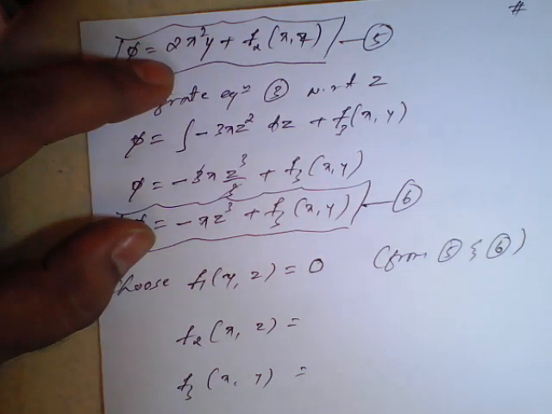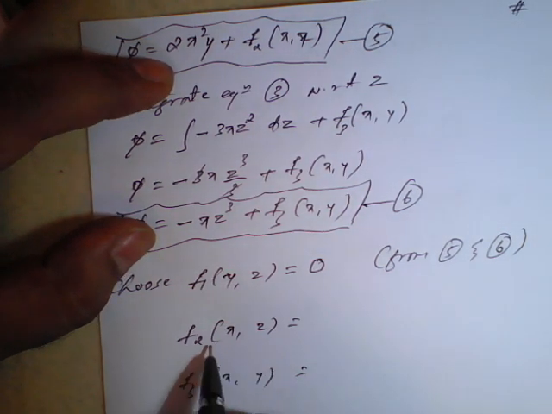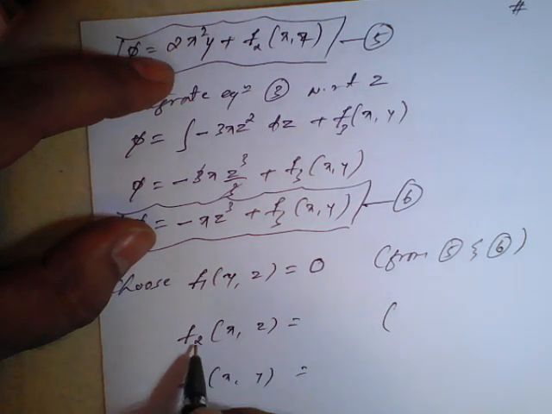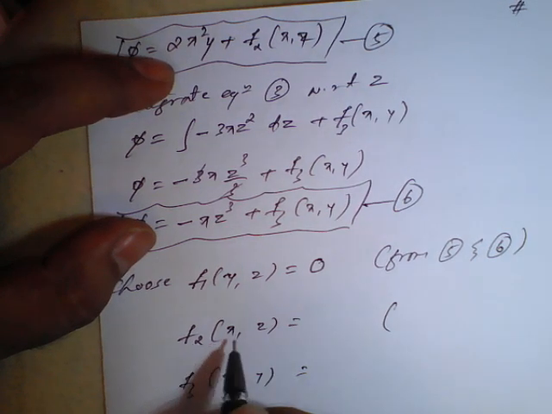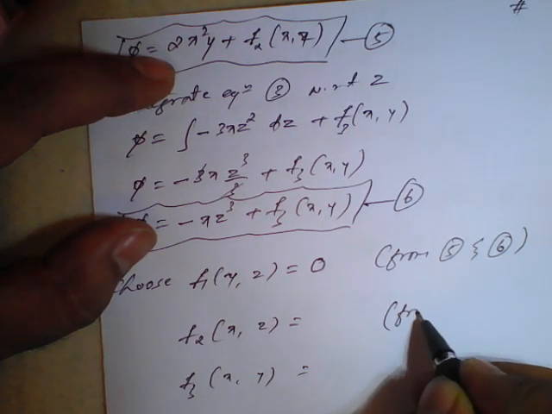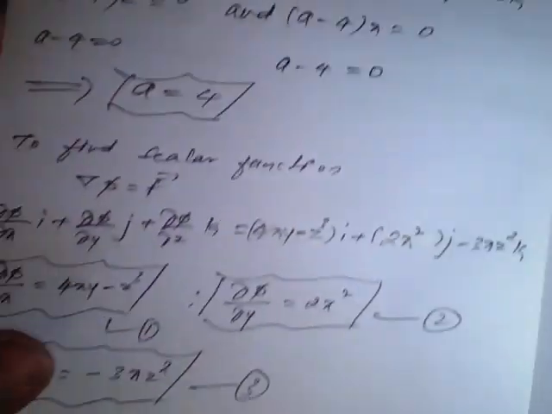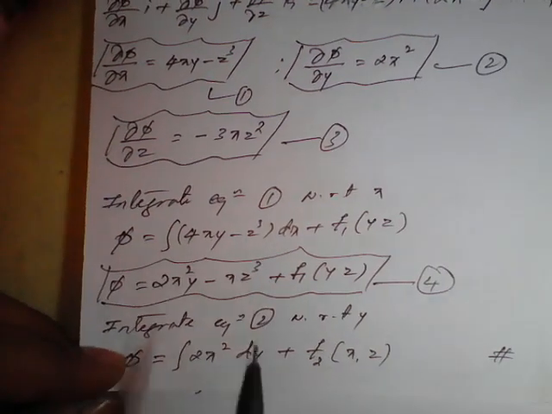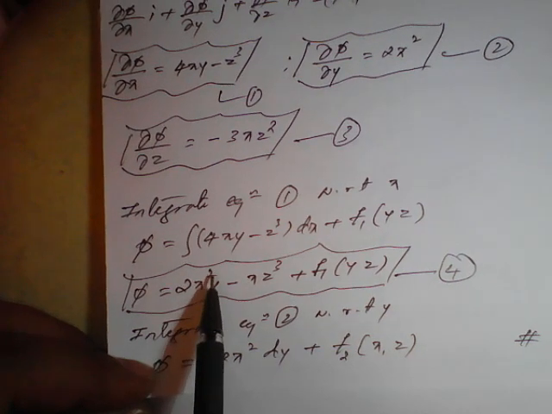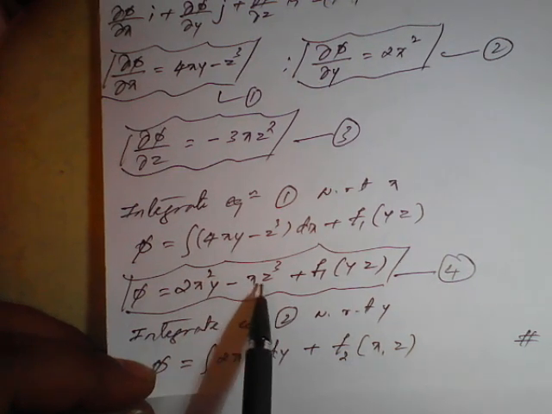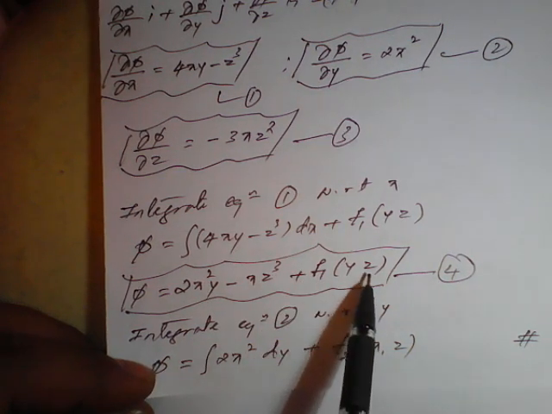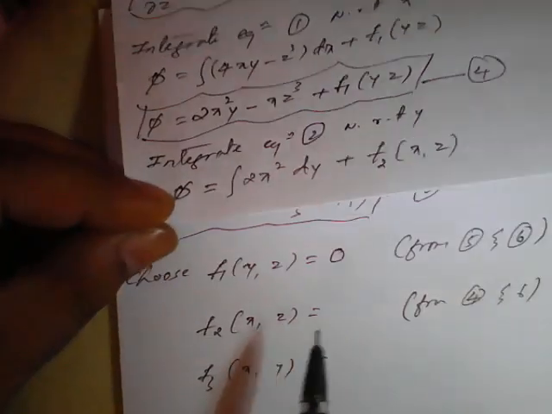Now to find f2 of xz, we have to see equations 4 and 6. So equation number 4 is 2x²y minus xz³ plus f1 of yz. Here xz means free from y. What do we have free from y?